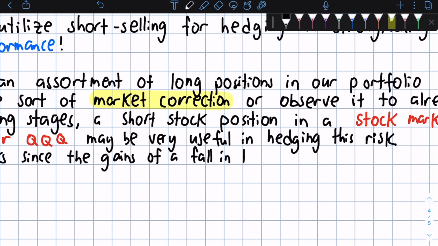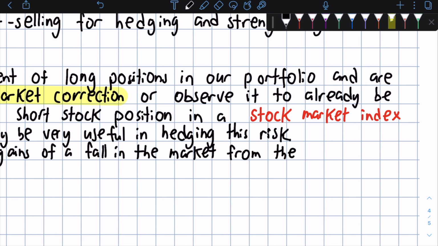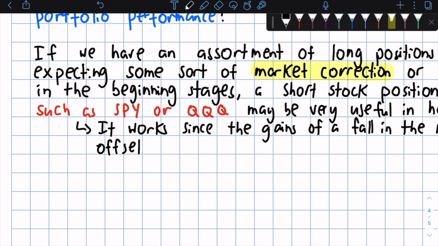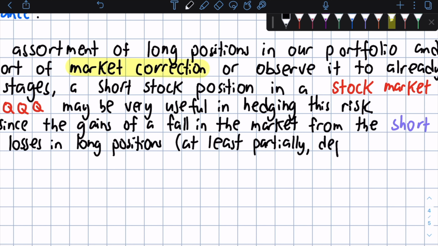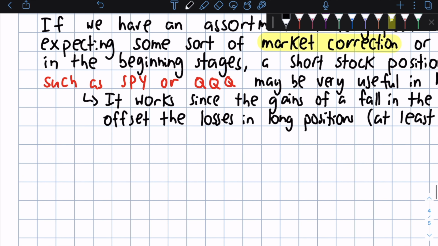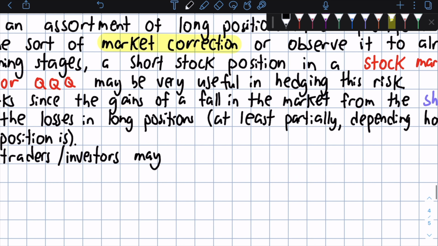So this works because the gains of a fall in the market from the short position actually offset the losses in long positions. And this is at least partially, depending how large of the short position you decide to take. It can even be partial hedging, or you can fully cover it as well.